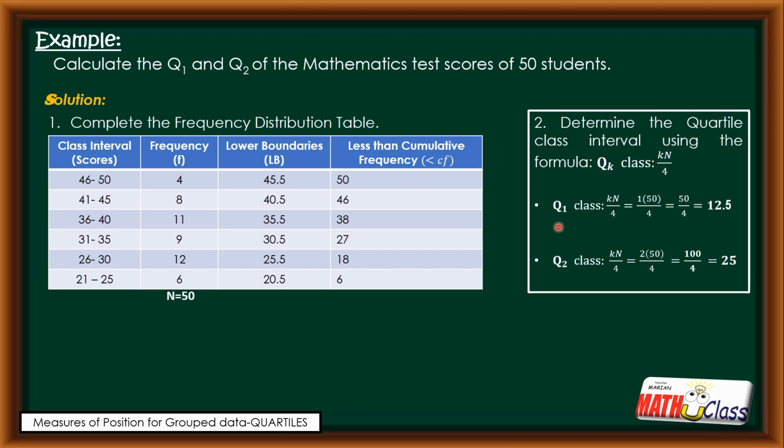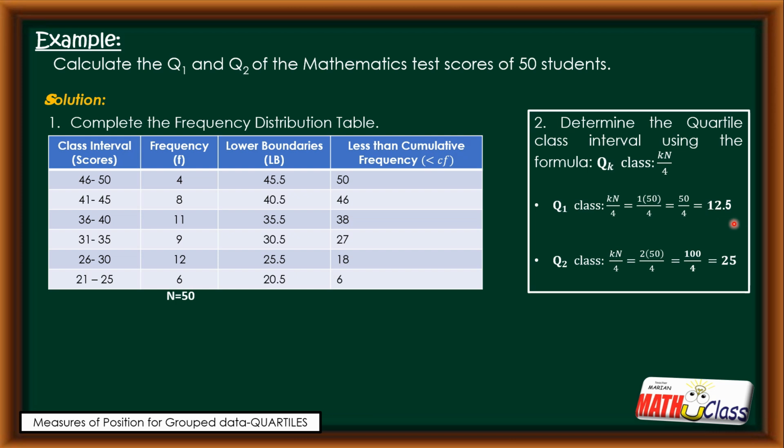For the Q1 class, we have 1 times 50 divided by 4. 1 times 50 is equal to 50, divided by 4 is equal to 12.5. This means we need to find the class interval where the 12.5th score is obtained.